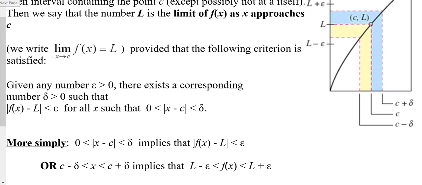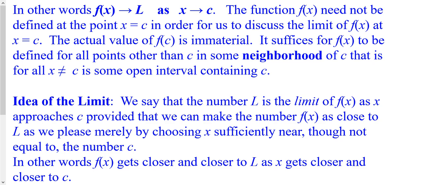We don't necessarily care about what's going on at the value of C, just what's going on on each side of C. Is that limit getting closer and closer to a certain number? So we don't really care about what's going on at the actual value of C. That's what this is saying right here. We just want to know what's going on on each side. We call that a neighborhood.